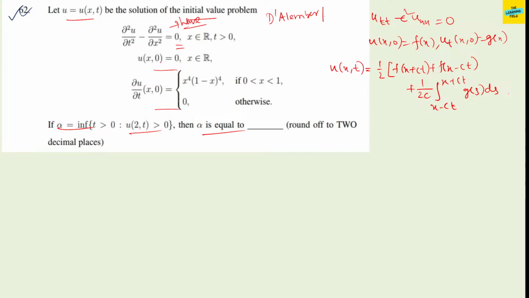Now here f is 0, therefore we don't need this portion, we only deal with this portion, and the value of c is 1 here.